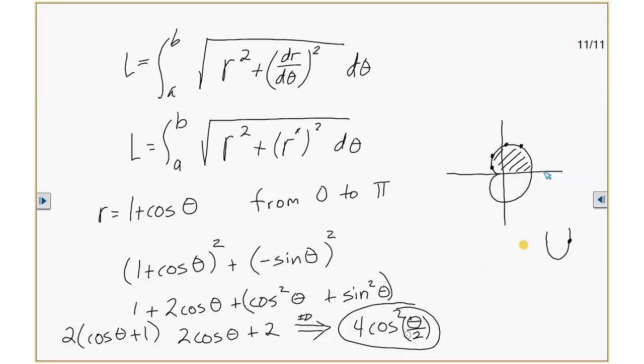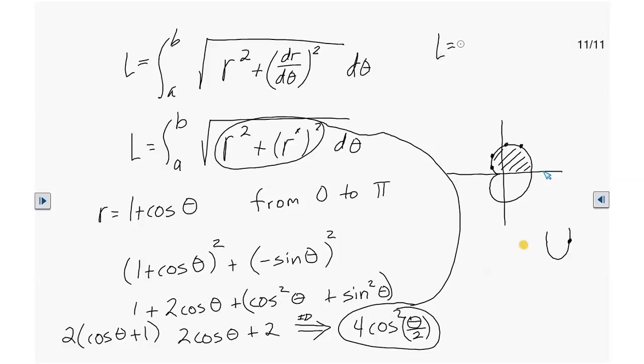Now you take this and plug it into that right there. So you're going to get the antiderivative.